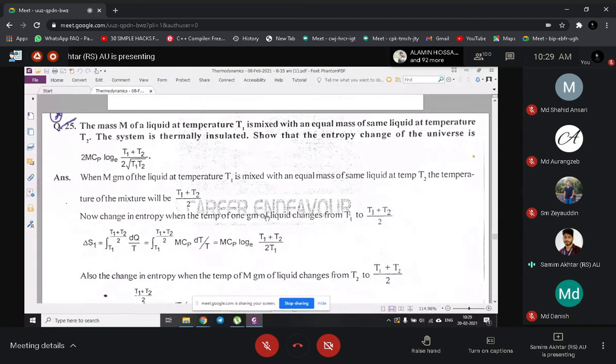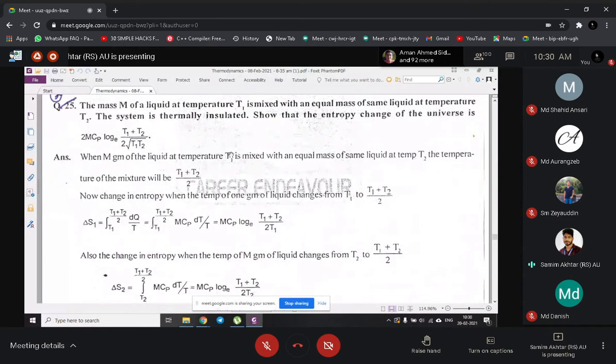The problem is: the mass M of a liquid at temperature T1 is mixed with an equal mass of the same liquid at temperature T2. The system is thermally insulated. Show that the entropy change of the universe is that. Okay, so this is basically mathematics.